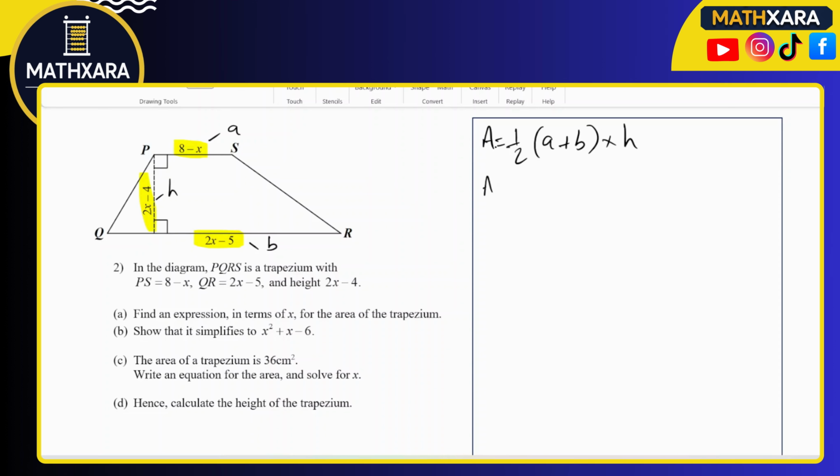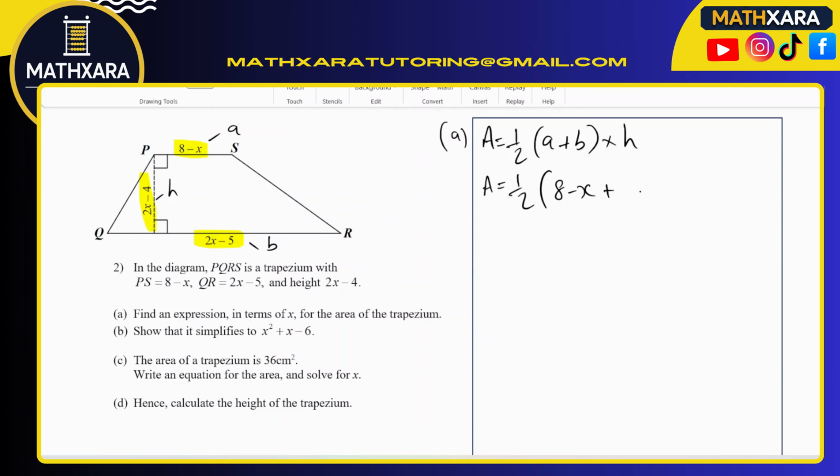Let us substitute these values in our formula. 1/2 times the sum of a and b, which would be 8 minus x, plus 2x minus 5, and we're multiplying by the height, which is 2x minus 4. We'll put that in parentheses.